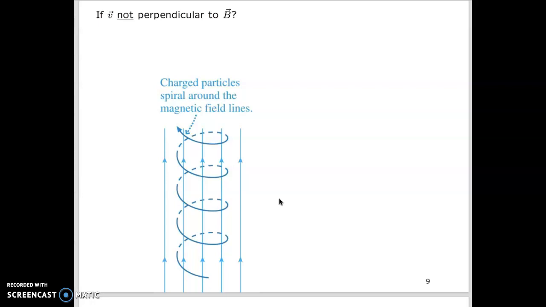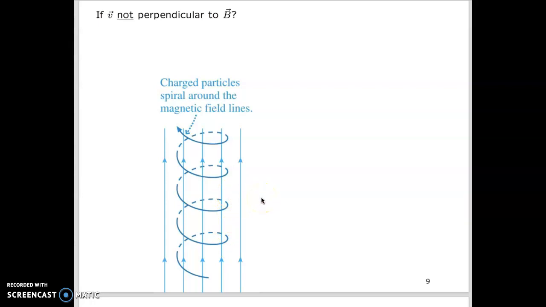And the charged particles that come from the sun through the solar wind are captured by the Earth's magnetic field, and they tend to move along these magnetic field lines in this sort of spiral or helical motion.